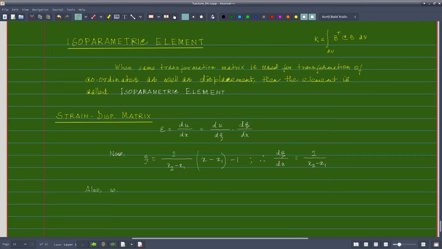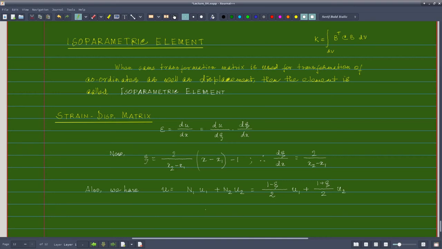We have u equal to N1 u1 plus N2 u2, and putting the values of N1 and N2, I write it as 1 minus xi by 2 is my N1 into u1 plus 1 plus xi by 2 into u2, right?